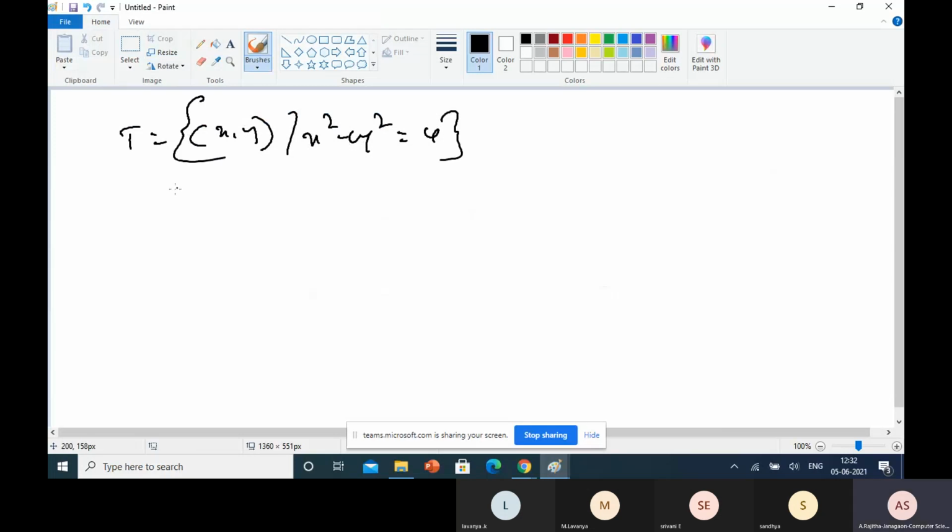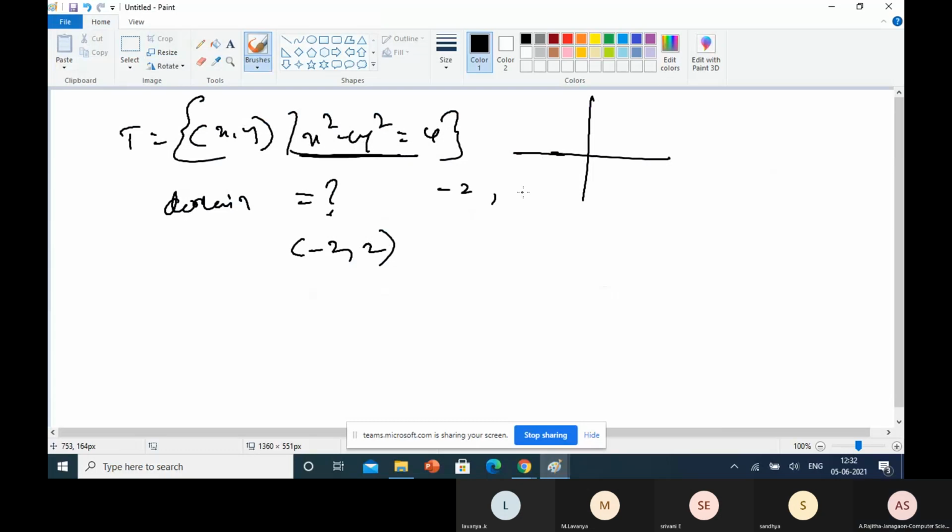So what is the domain? They ask what the domain is. In this case the domain is -2 to +2. Suppose you can write like this, this is possible only from -2 to +2. So this is the domain.